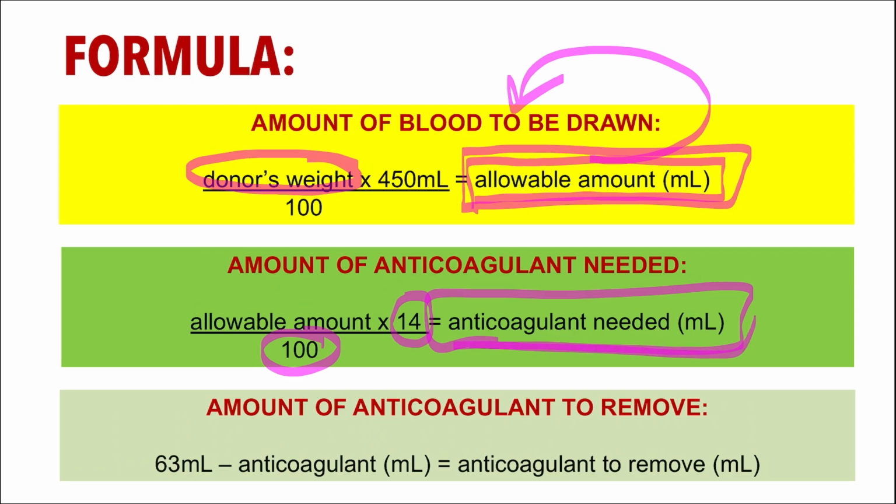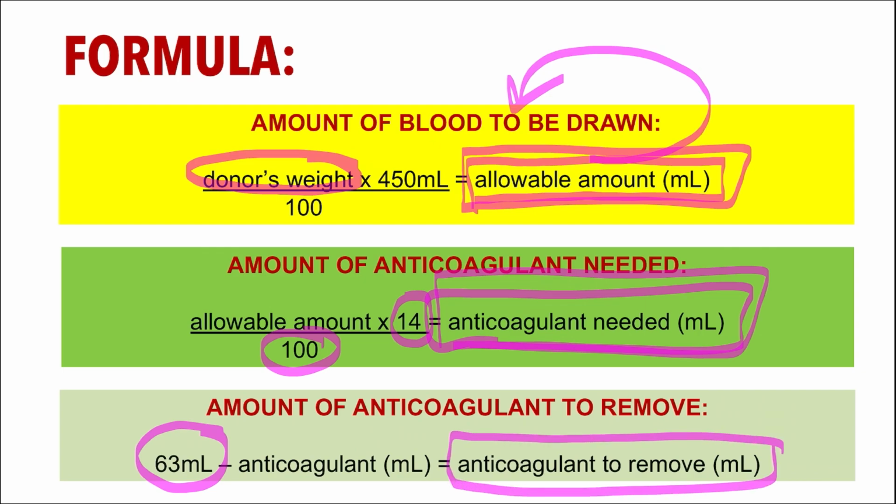And of course, from this amount of anticoagulant that you have computed, you have to deduct that from the 63 ml. I have mentioned that the blood bag usually contains 63 ml of anticoagulant. So that is the amount of anticoagulant that you will remove in order to adjust for the amount of blood drawn from the donor.